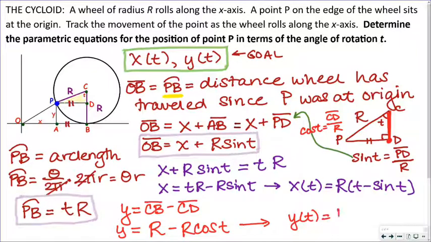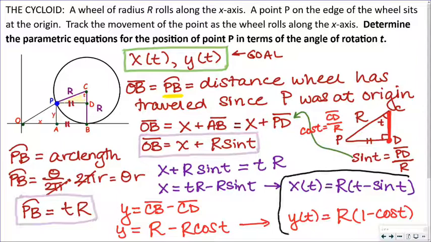So again, I'm going to factor out the R, and I get R times (1 minus cosine T). And here I have the parametric equations to describe my cycloid. But we're going to do a little bit of work to confirm this.